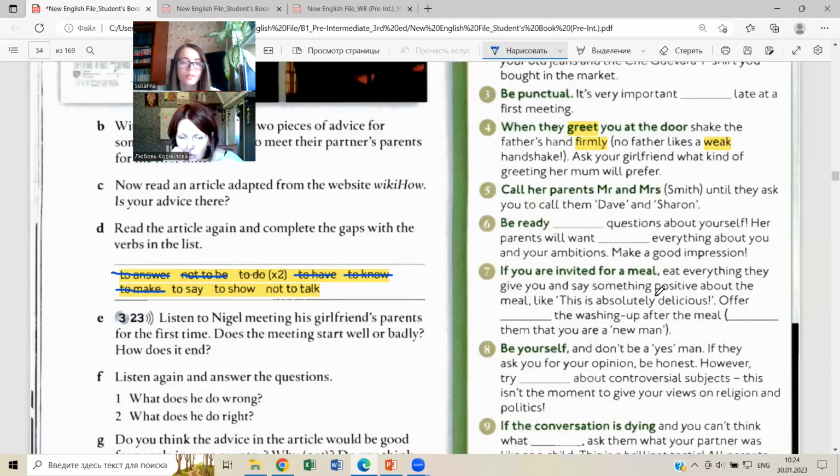We say to do, yes. So offer to do the washing up after the meal. I'm not sure about the meaning. Offer, what is it? Suggest. Предлагать. То есть предложите помыть посуду после ужина.